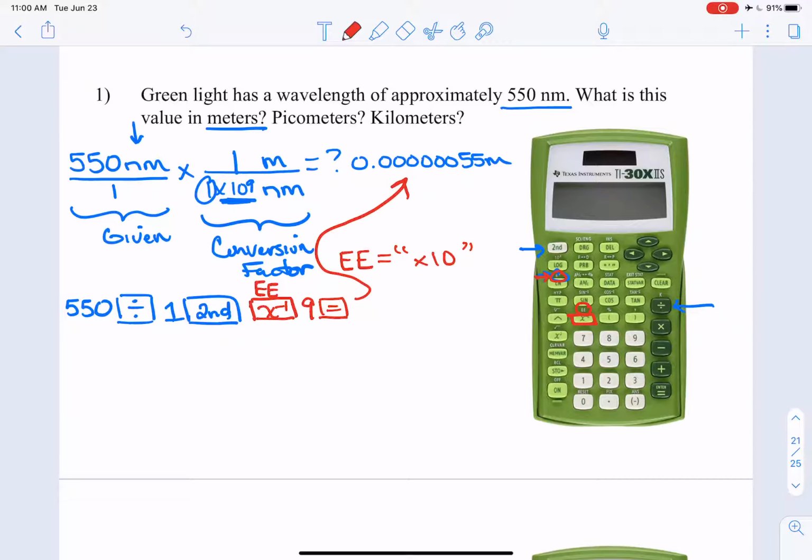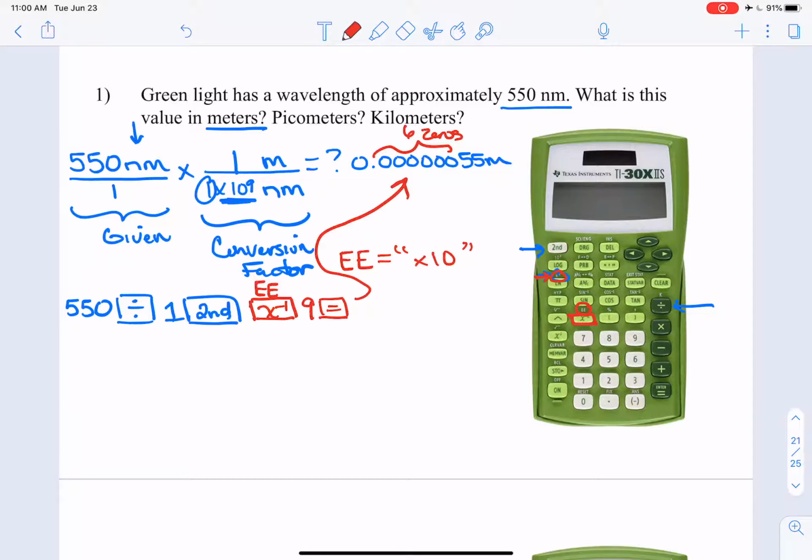Something like 0.0055, or maybe 7 zeros or 8 zeros instead of the 6 zeros that are right there. Okay. Now, can you do this a different way on your calculator? Absolutely. This is just the way that I do it and the way that I know how to show you to do it.